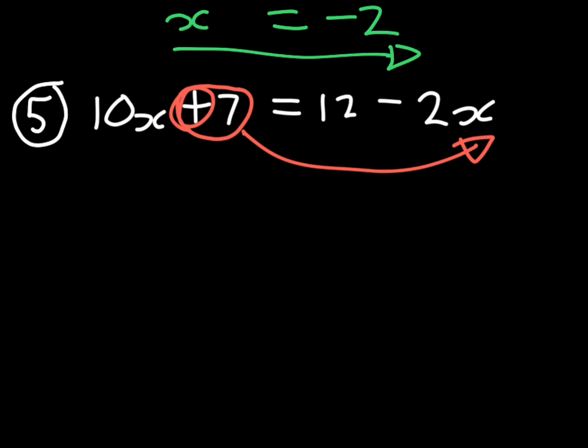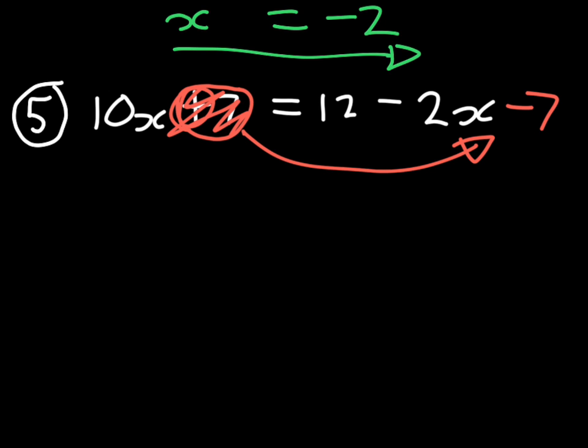Now, instead of me subtracting from both sides, as I've been doing previously, a slight shortcut is to simply get rid of it on this side and to add in the minus 7 over there. It's the exact same principle, it's just slightly less writing out that I need to do.